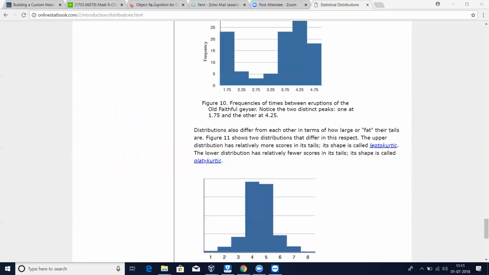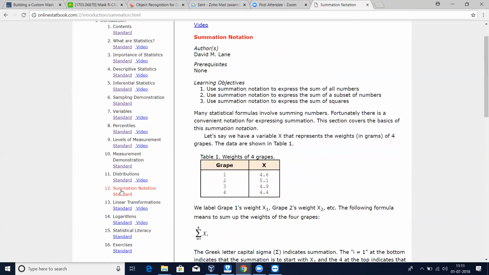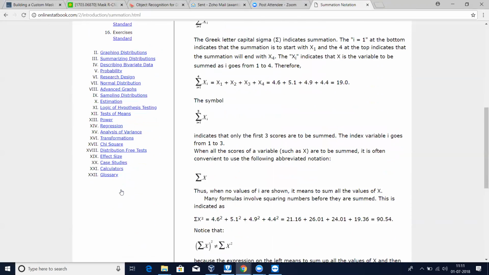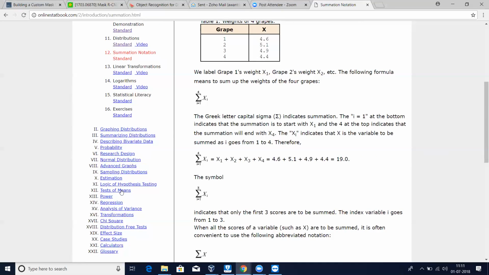I'm hardly explaining a lot of things, I'm hardly getting into those details, but you guys are able to follow. I think everybody is comfortable with the summation notation and all that, right? Okay, let's see.